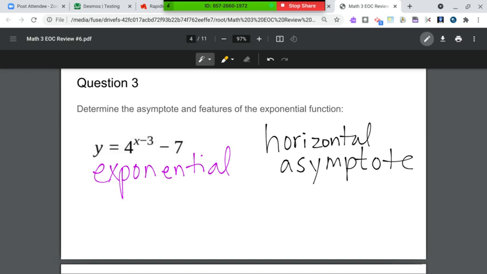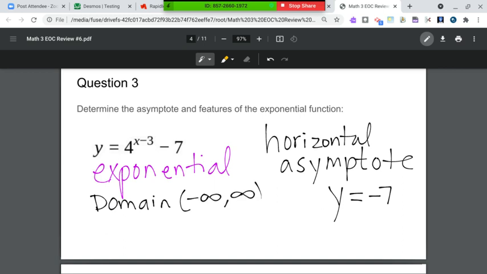Okay, so the horizontal asymptote for this function you get by that vertical shift, and it's been shifted down 7. So your horizontal asymptote is y equals -7. Okay, we want to do some quick features of this function. The domain of all exponential functions is negative to positive infinity.